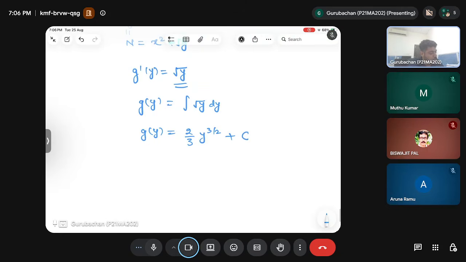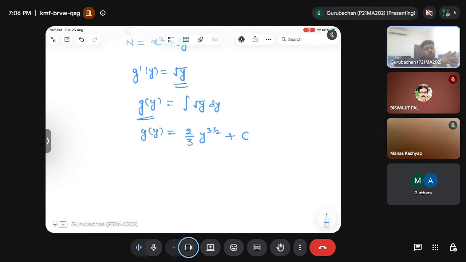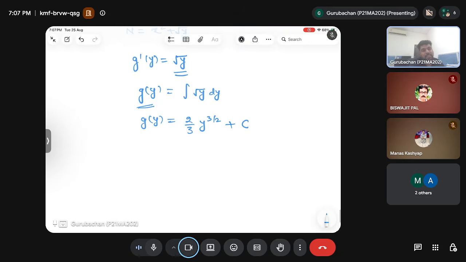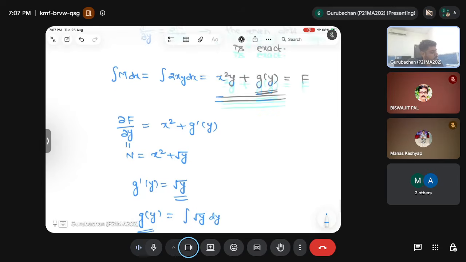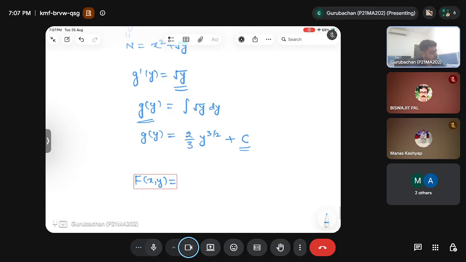Since your function depends on only one independent variable, the arbitrary constant will be a real number. So your f of x, y was x square y plus g of y. Put this value: x square y plus 2 by 3 y to the power 3 by 2 plus constant.